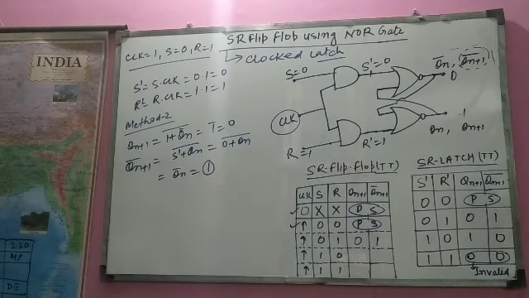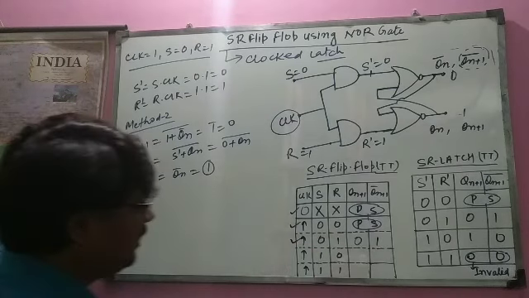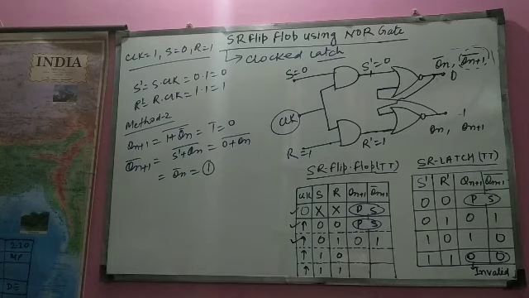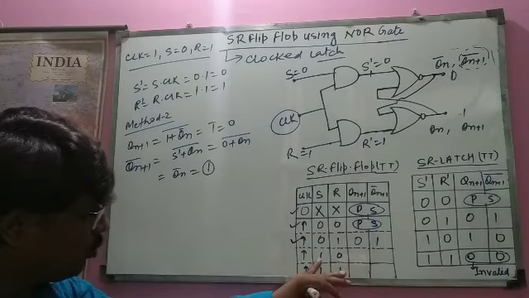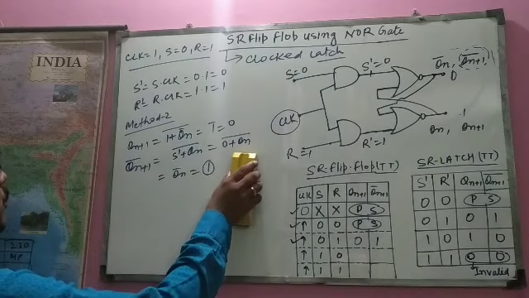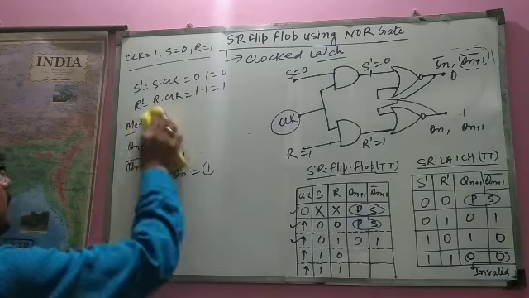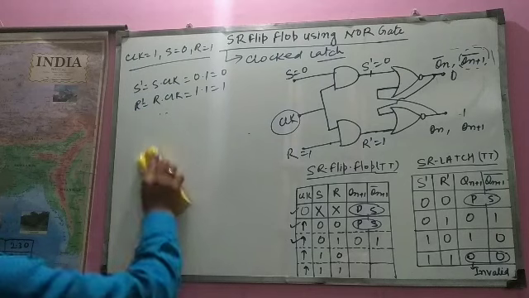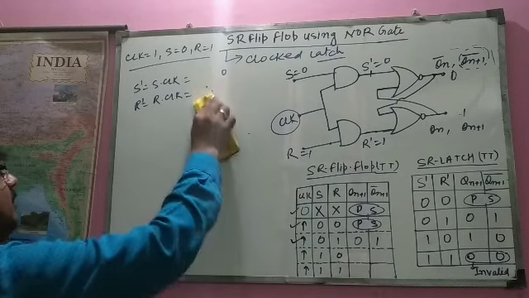So let us see. This we have learned, and we will see the next case when S equal to 1 and R equal to 0. That is very simple.